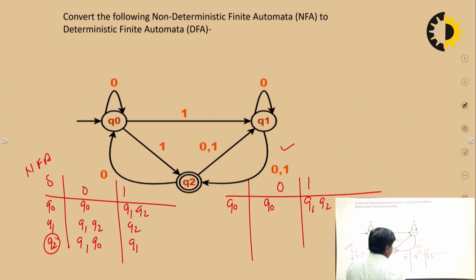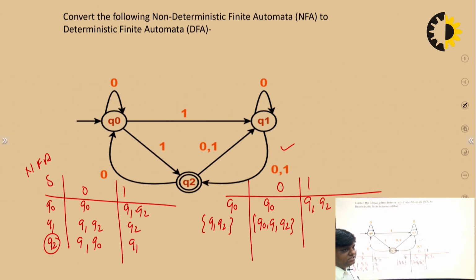Okay, it's right. Now how many new states occur? That is Q1 and Q2. So now Q1 and Q2 is your next state. Now Q1 and Q2, so Q0, Q1 and Q2. Now this new state, we consider as a next state.